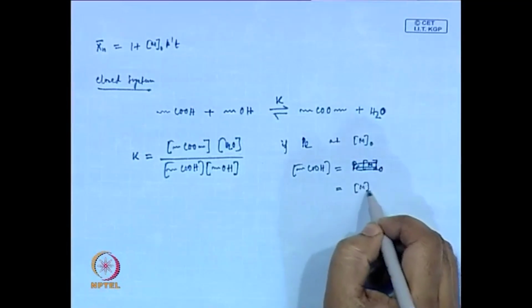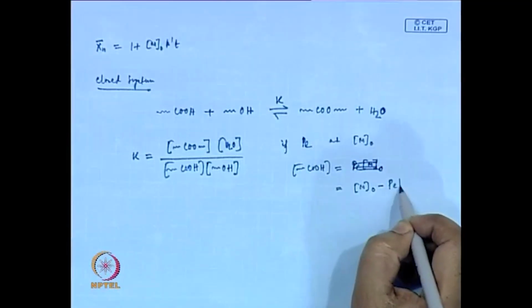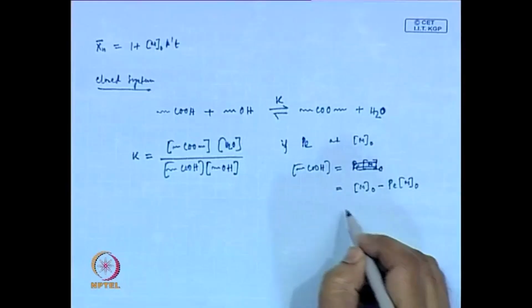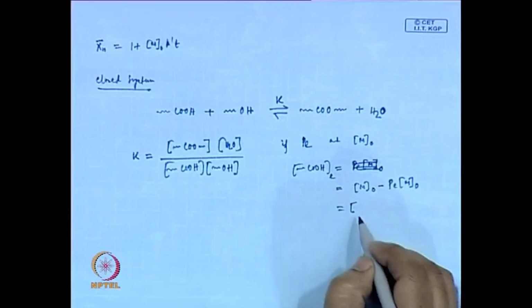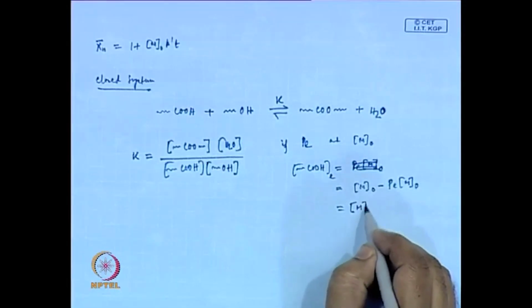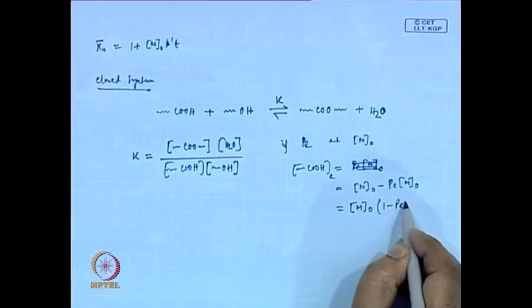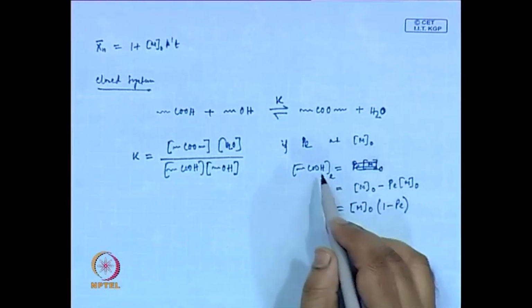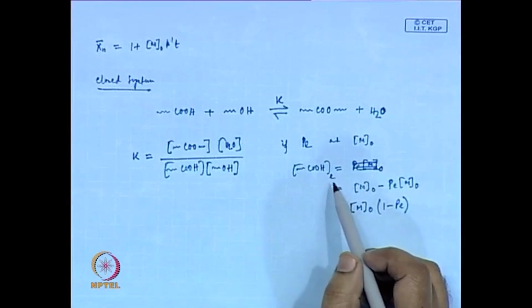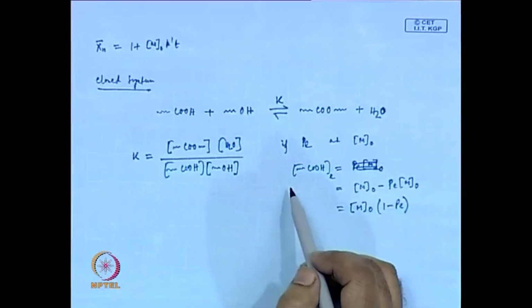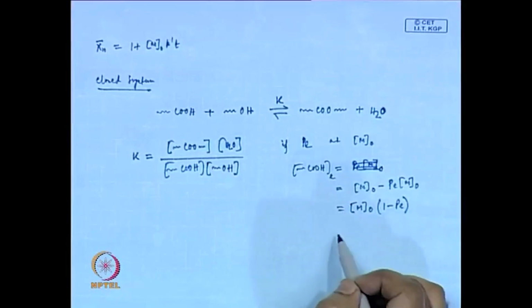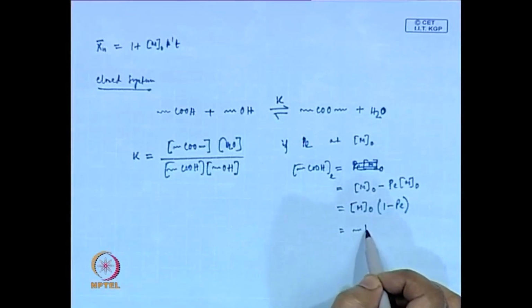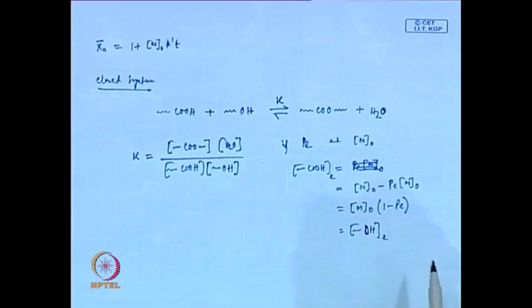Initially it was M0, now P M0 has reacted. So, at equilibrium the concentration of COOH group is given by M0 times 1 minus Pe, and because we are talking about 1:1 stoichiometry ratio here as well, this is the same as the concentration of OH at equilibrium.